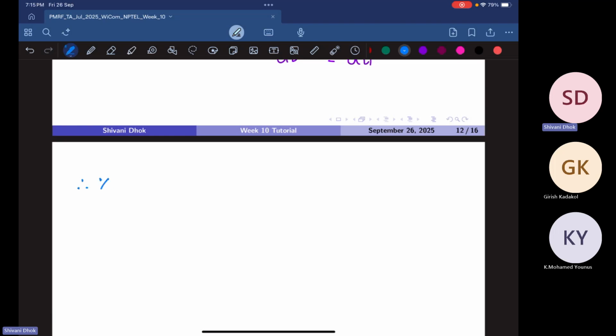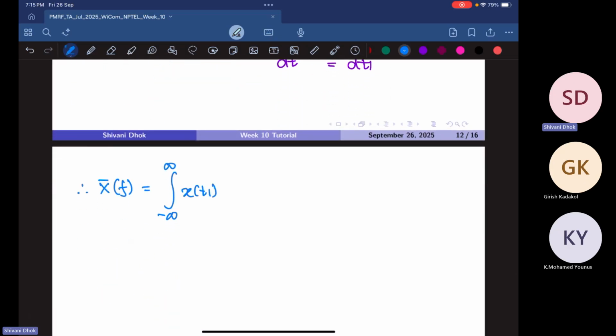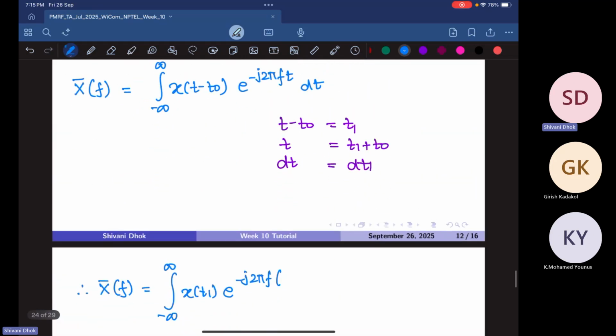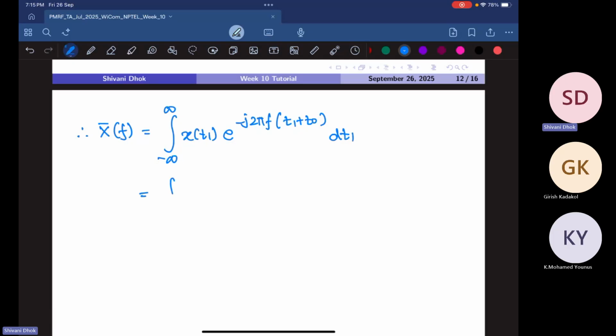Therefore x bar of f is now integral from minus infinity to infinity x of t1 into e power minus j 2 pi f, where I replace t by t1 plus t naught, dt1. So this I can write as integral from minus infinity to infinity x of t1 into e power minus j 2 pi f t1 into e power minus j 2 pi f t naught dt1.